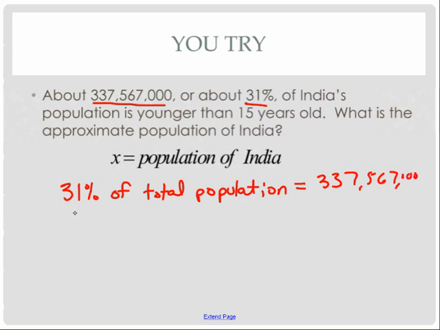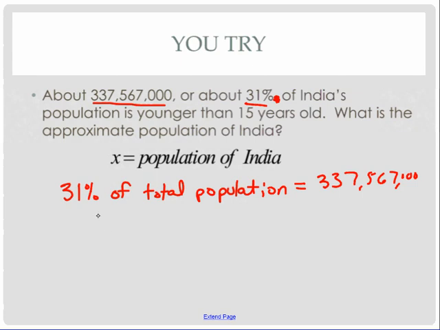Right? 31% of the total population is 337 million. I know that because it says 337 million, or about 31% of India's population. I'm sorry, I had a little mistake here, this comma was kind of throwing me off. So about 31% of India's population, it is that.